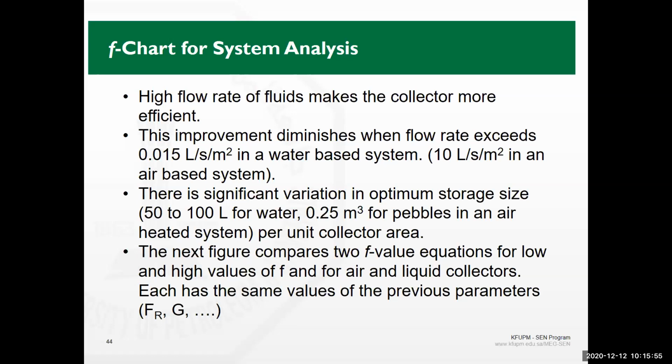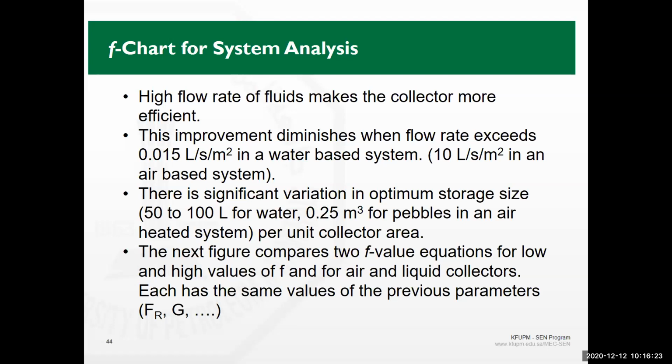So it assumes that, depending on the area or the storage that you have for a system, 75 liters per unit of collector area is the recommended storage there. However, you have the freedom to change this value of 75, and the range can be seen here from 50 to 100.